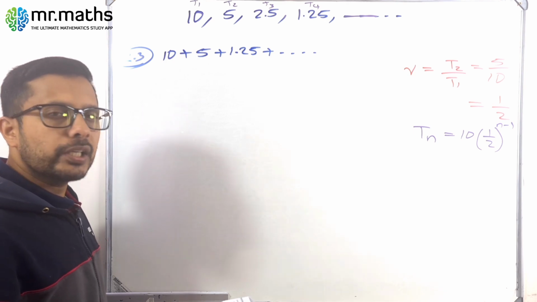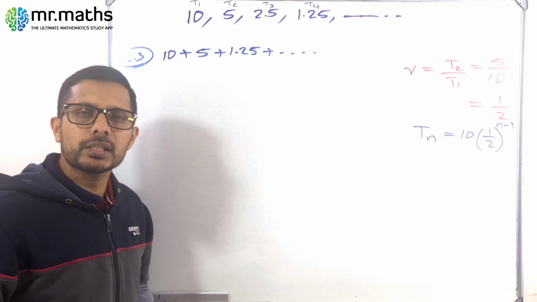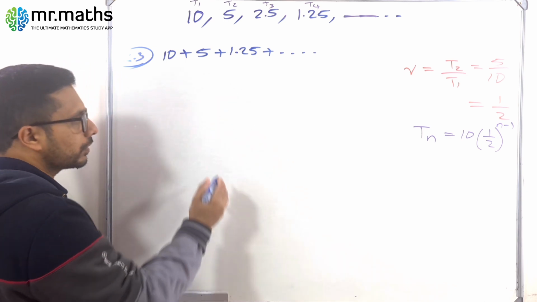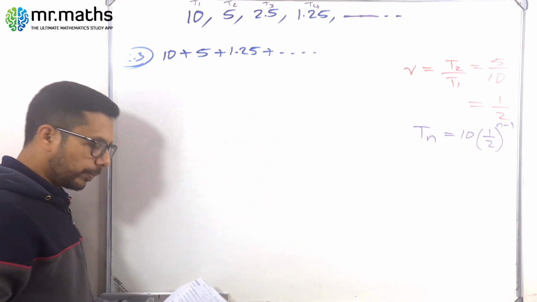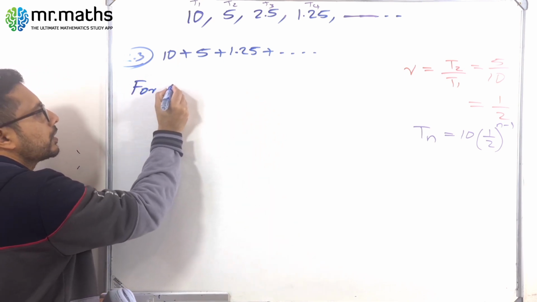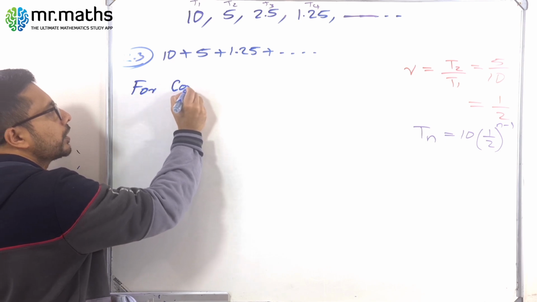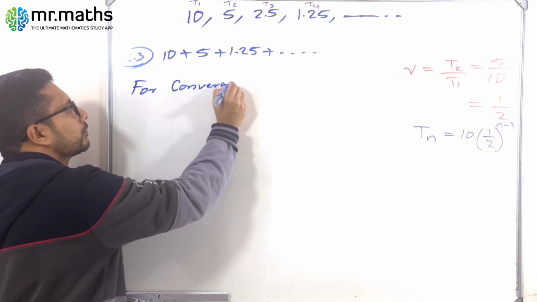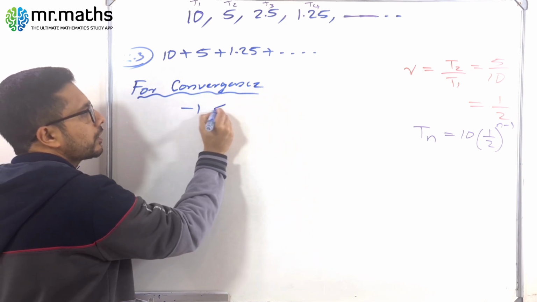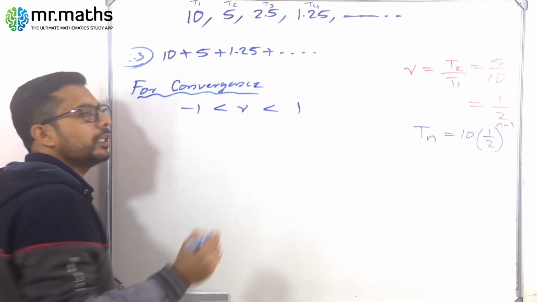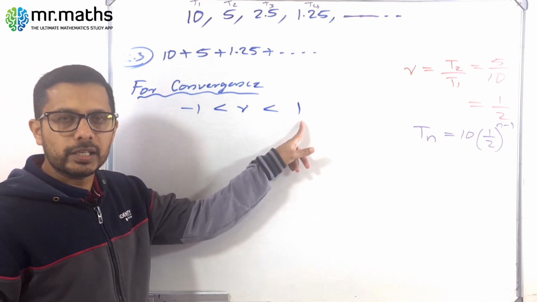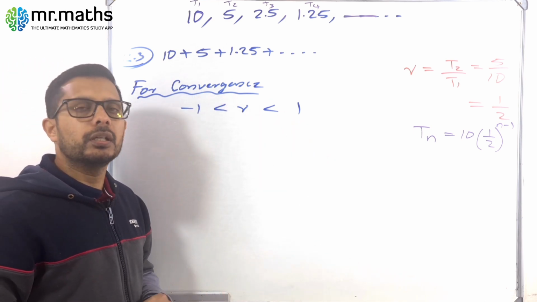Okay, so when can you say that a geometric series is converging? In the case of a geometric series, for convergence, the condition is the value of r must be between -1 and +1. That is a condition for convergence.